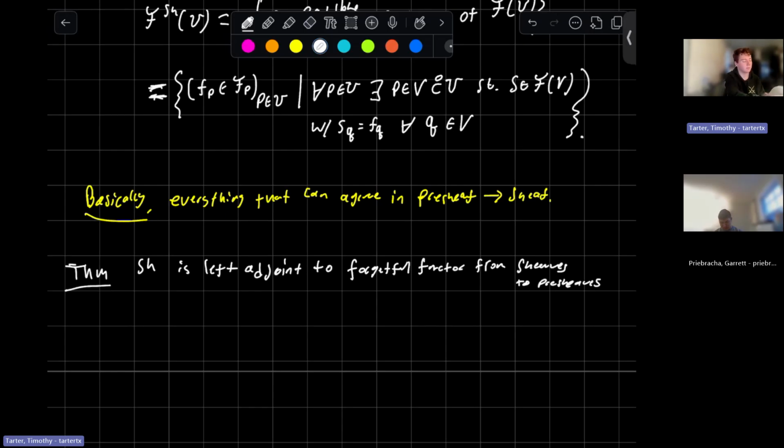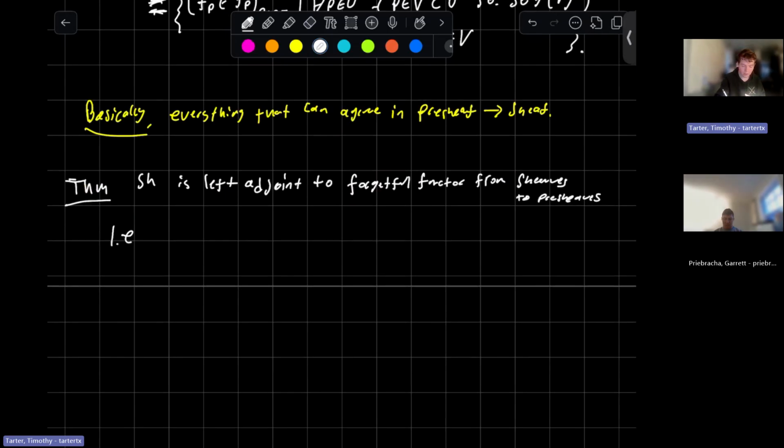Okay, so left adjoint. I don't remember enough of that section as I should. That is, there exists a natural bijection for all A in sheaves and B in pre-sheaves.